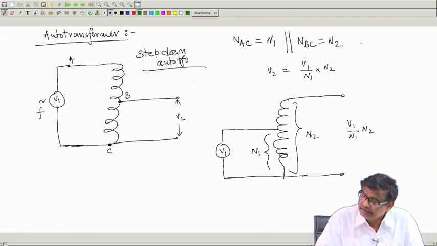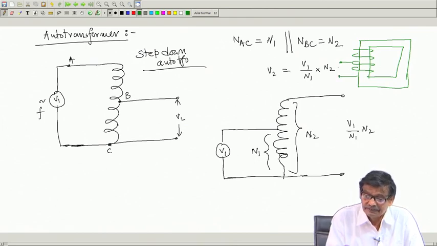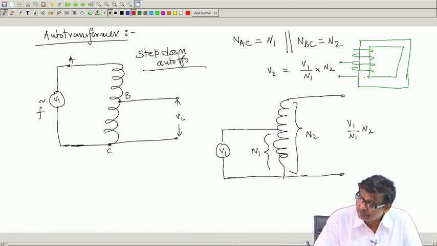Suppose this is the transformer core, it is like this. In this case, what I do, single winding, no two separate coils. You give supply voltage to this number of turns. Flux will be linking all the turns, mind you.